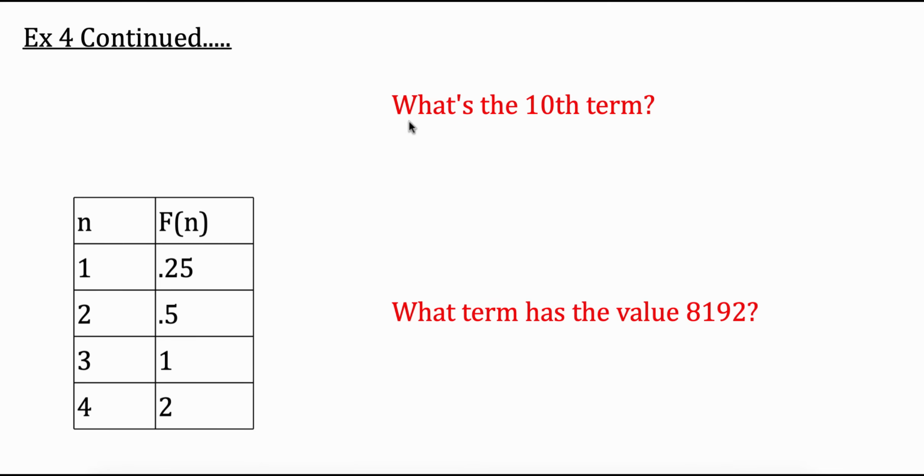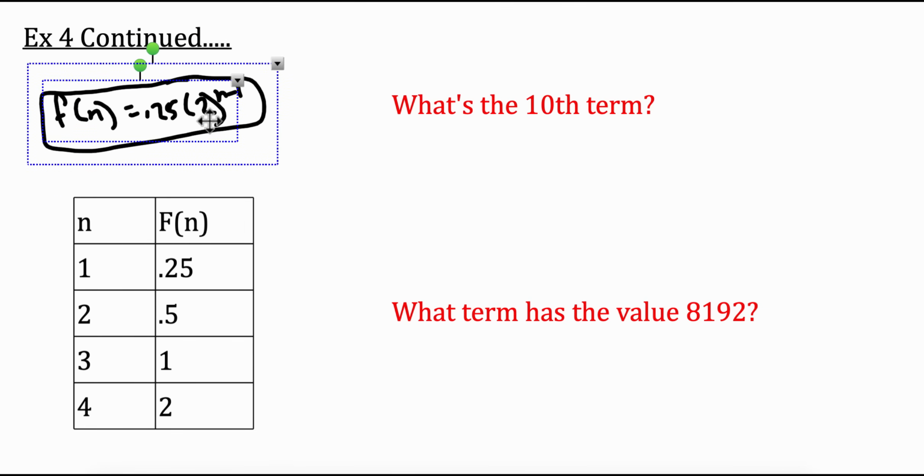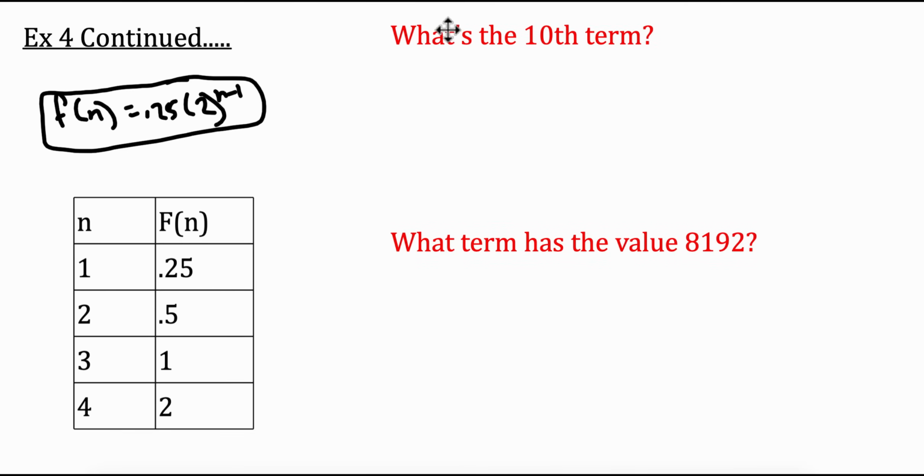and answer some much cooler questions, right? All right, so we have our formula here. So let's see, what is the 10th term of this formula? So how am I going to figure out the 10th term? Well, I know my n is 10. I want the value of my function at 10.